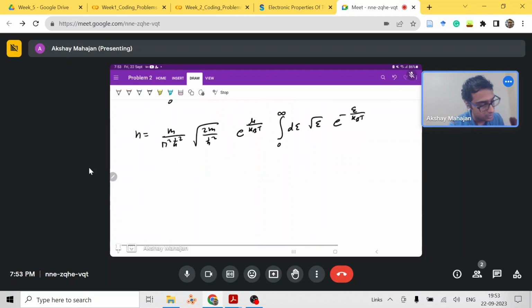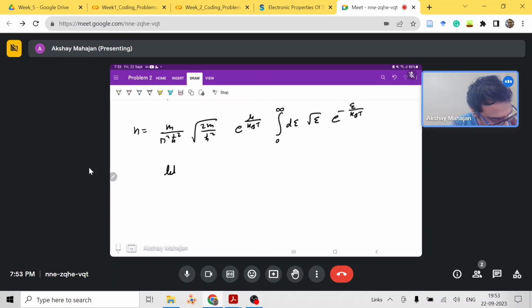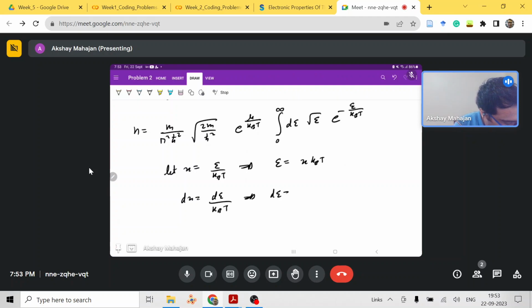Alright, now to solve this integral, let x equal epsilon upon kBT, which implies I can write epsilon as x kBT, and from here dx equals d epsilon by kBT, so I can write d epsilon as kBT times dx.